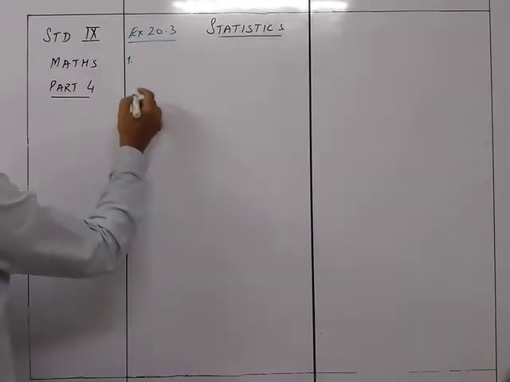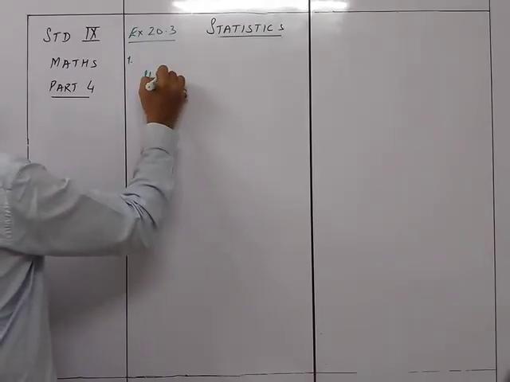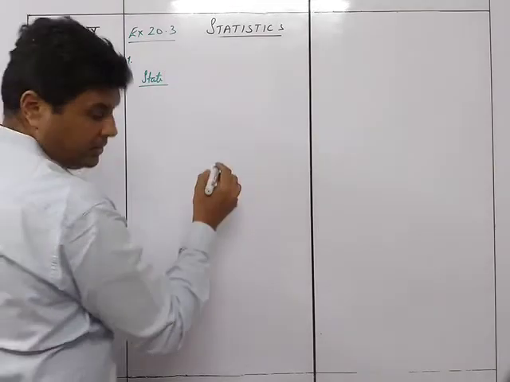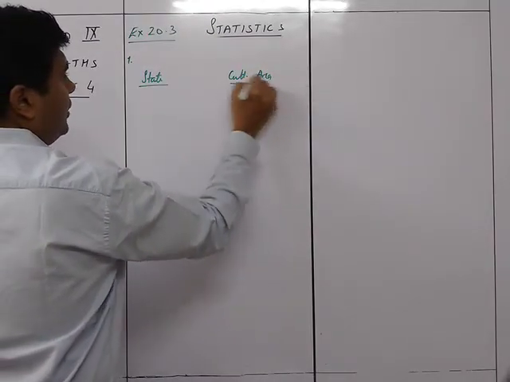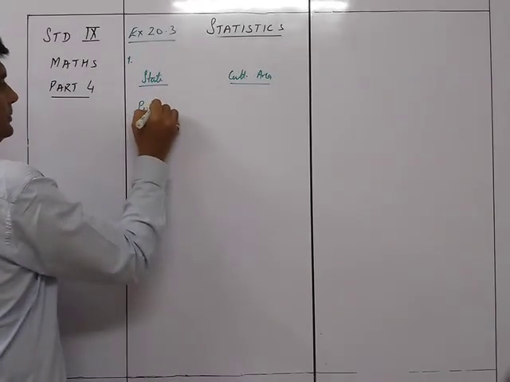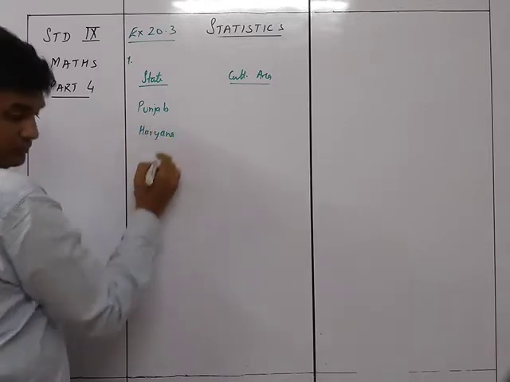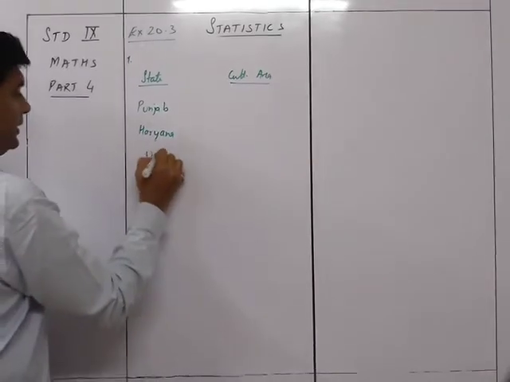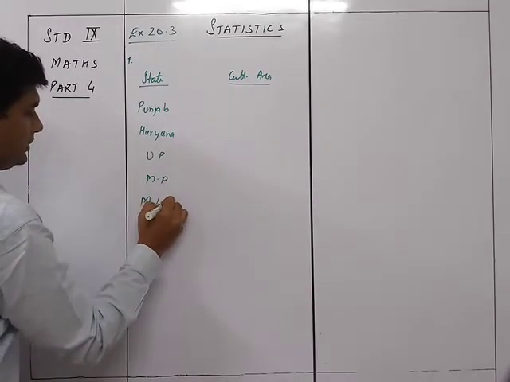So the first thing over here is question number 1, where you have got a state and the cultivated area of the same thing over here. So that is Punjab, Haryana, UP, MP, Maharashtra and Rajasthan.